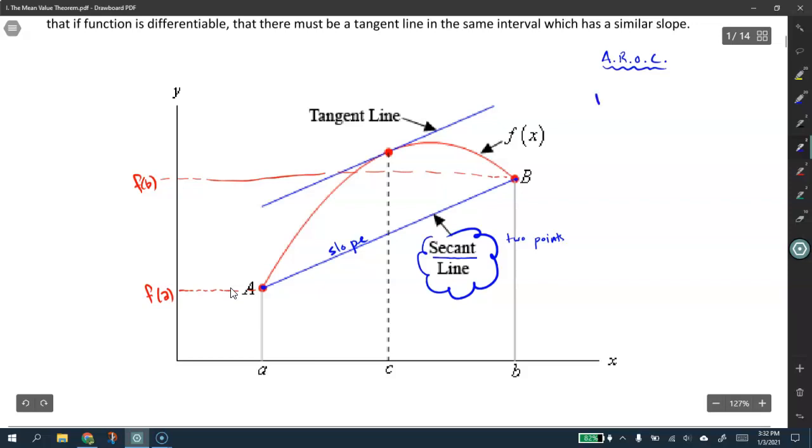And so how did that used to go? f of b minus f of a, over b minus a. Now where are we getting this from? It's really the slope formula, change in the y's over the change in the x's, because this point right here is a comma f of a, and this point right here is b comma f of b. So we're simply finding a slope using the slope formula as we've always learned it, y2 minus y1 over x2 minus x1.